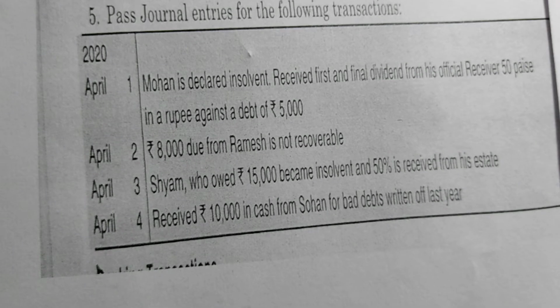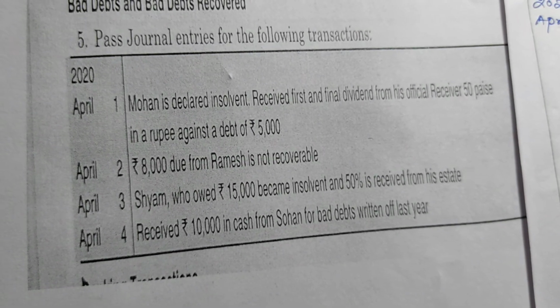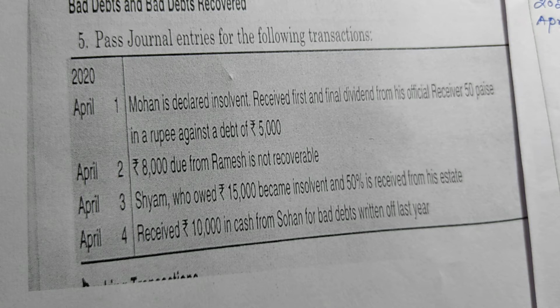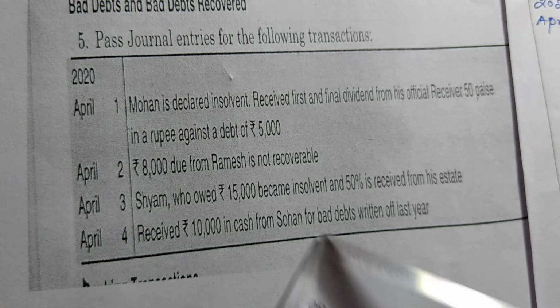Next it is given, Shyam owed rupees 15,000 and became insolvent. Again, insolvent means the amount which we are not receiving will be transferred to bad debt. 50% is received from his estate. That means 50% we are not receiving. What will be our entry? Cash account debit, bad debt account debit to Shyam. Cash 15,000 into 50 upon 100.